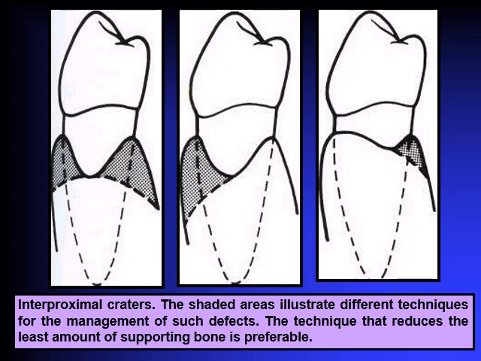So the bone is either ramped buccally or lingually, with only one of the walls totally removed, while the other is only partially reduced. Here in the middle and right figures, sometimes the defect, as you see, is positioned either buccally or lingually, favoring removal of only one wall and therefore ramping the bone in that direction.